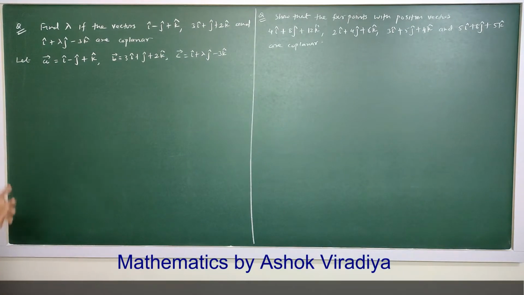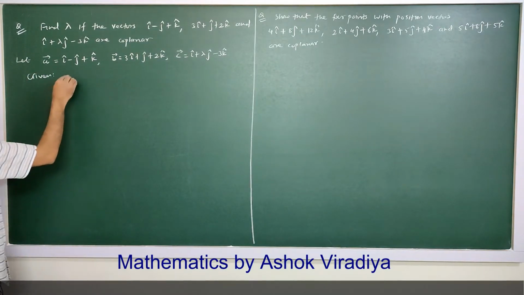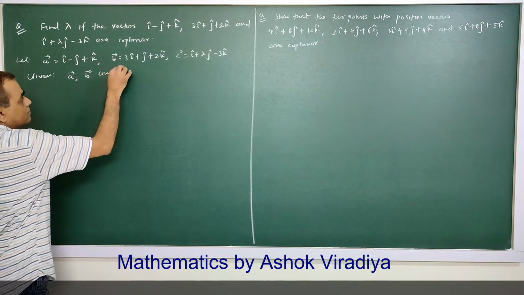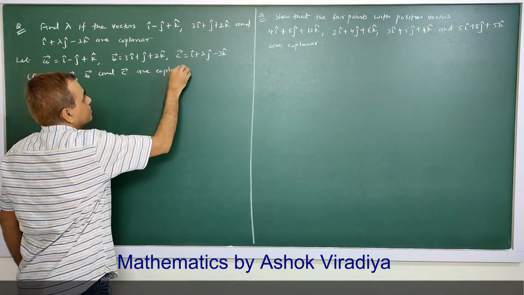We take these symbols. Given that these vectors are coplanar.